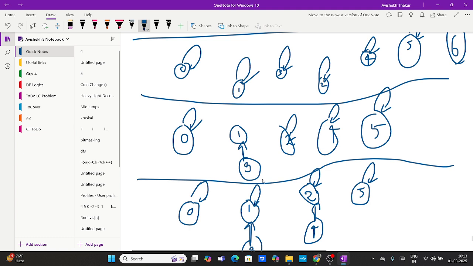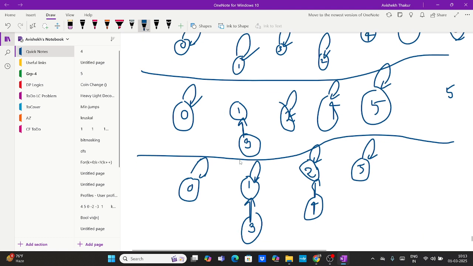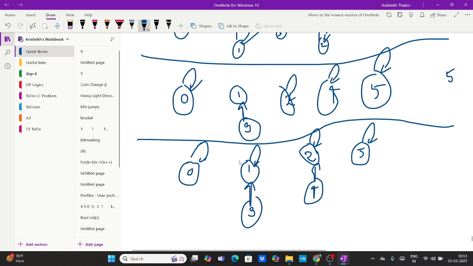The pattern is, if they are successfully merged, can I say it is reducing by 1? Yes. Now if you see again, we have successfully merged, and we have this as 4.